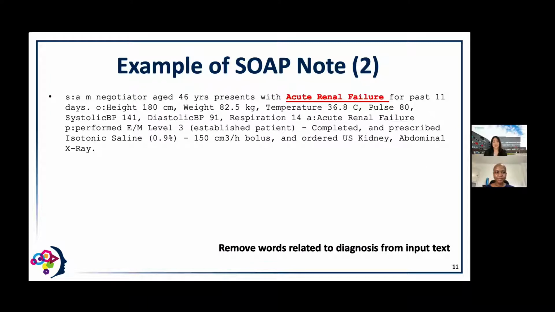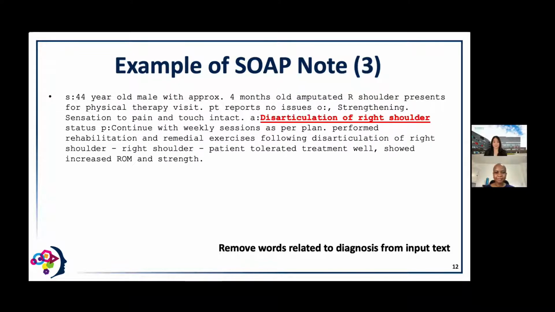And here's another example where the diagnosis is not only written in the A colon section. It's actually part of the note itself. So in our code, we also take out references to the diagnosis anywhere in the medical text.